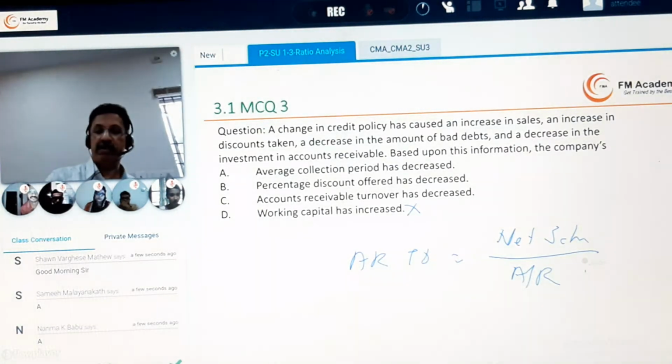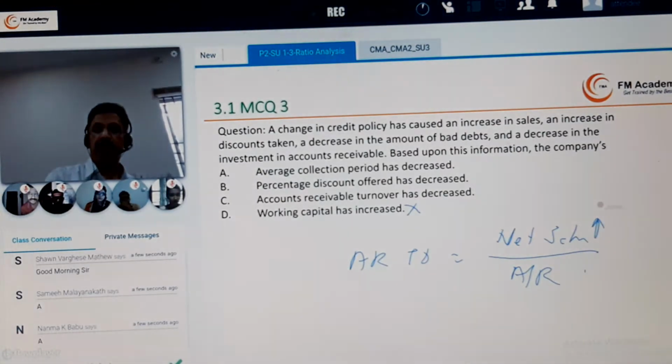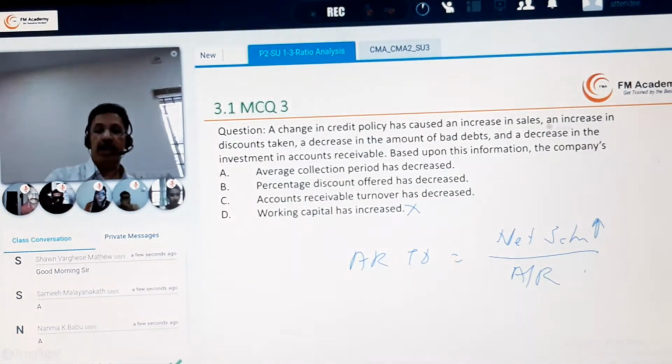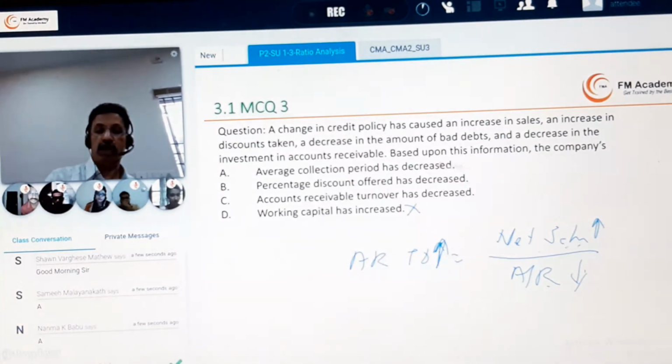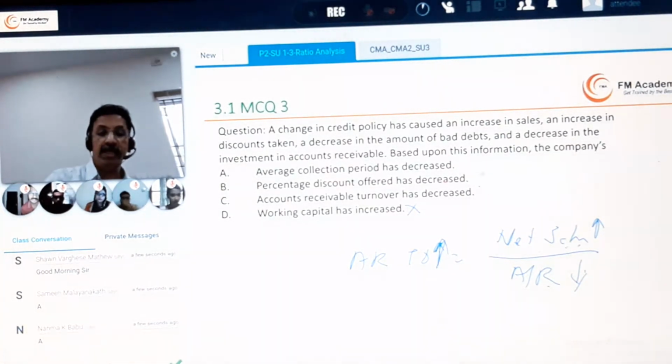But here it is given that the sales has increased and account receivable has come down. Both this increase in numerator will increase the ratio, decrease in denominator also will increase the ratio. So account receivable turnover has decreased is not consistent with the information given.